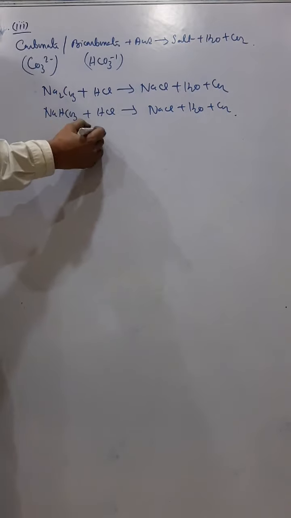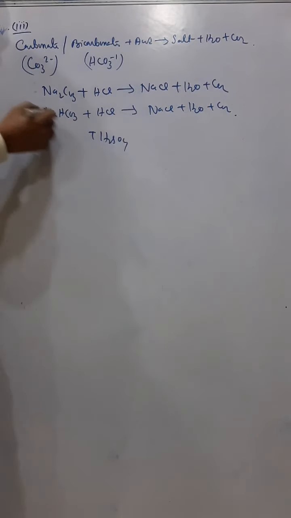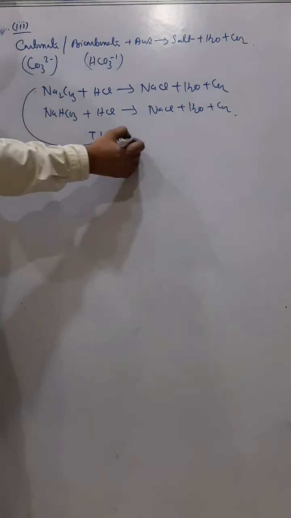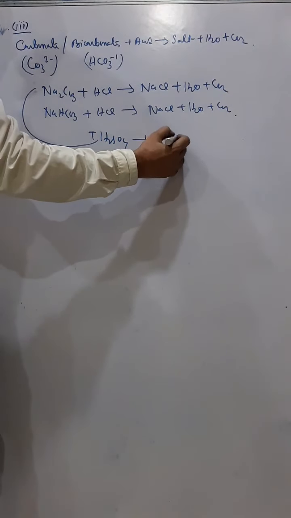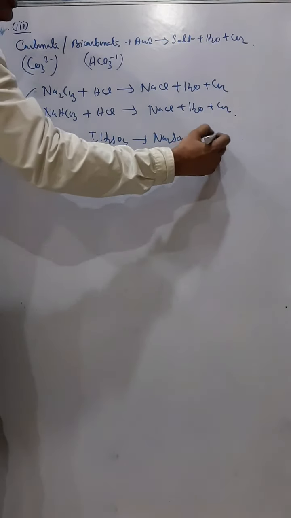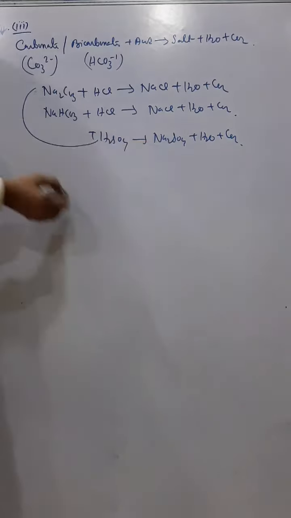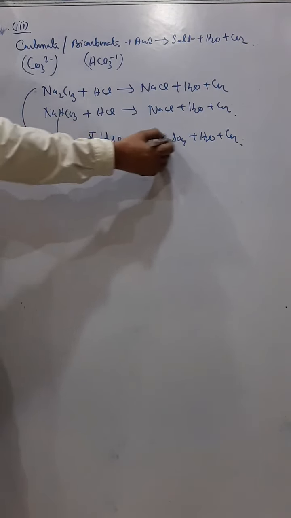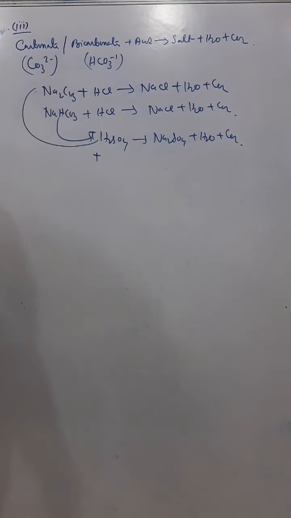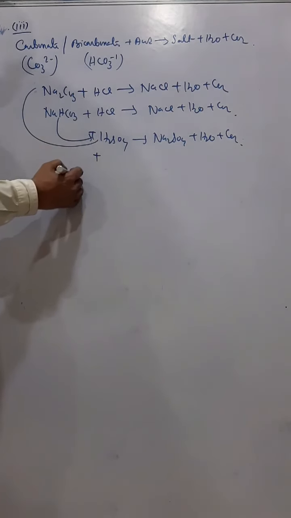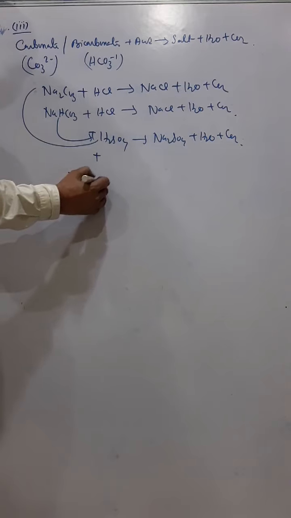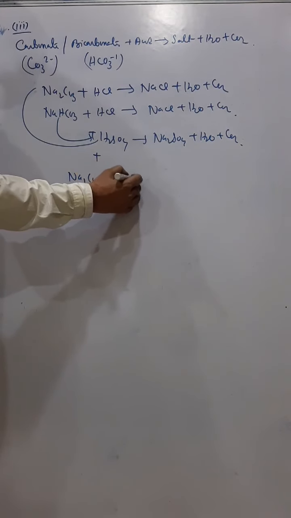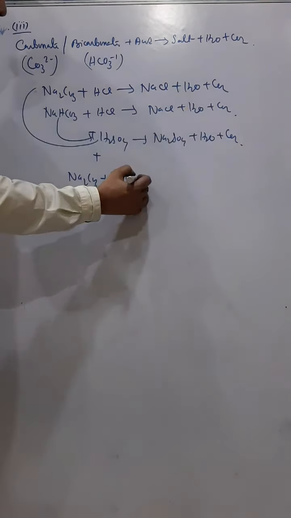Now a similar reaction with H2SO4. Sodium carbonate with H2SO4 will again give Na2SO4, sodium sulfate, plus H2O plus CO2. Similarly, sodium bicarbonate with H2SO4 will also give the same thing. Similarly, if you use nitric acid, then you get nitrate, but water and carbon dioxide will be common.